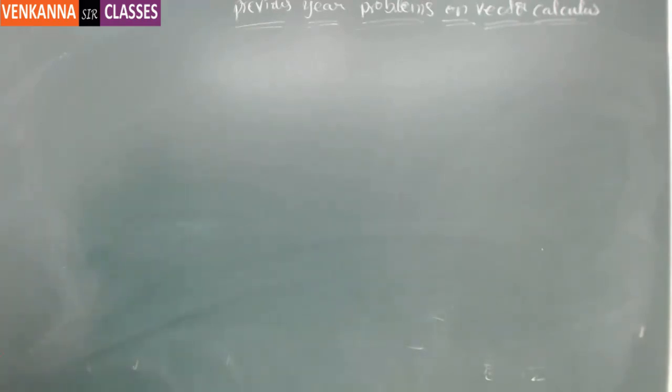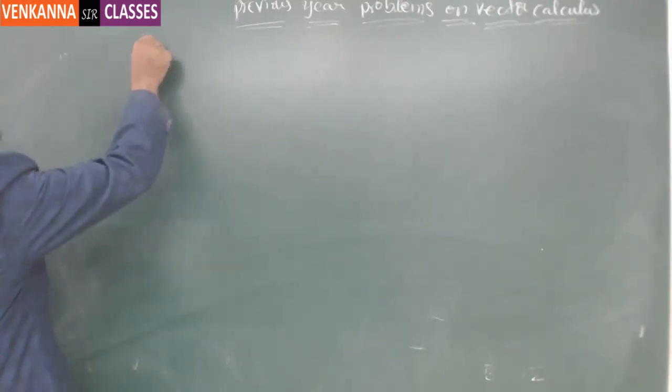So there is one more simple problem, that is, calculate del square r power n. So find del square r power n.